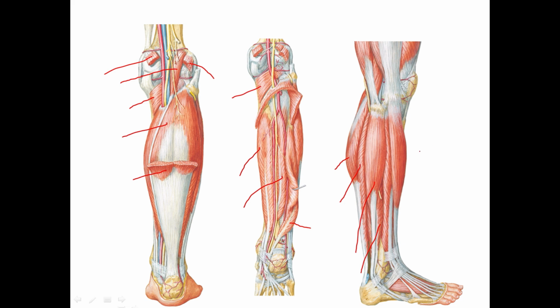Now we come to the anterior part here. Anteriorly we can see the tibialis anterior, this one, and after that we are having the extensor digitorum longus muscle. Okay, and if we go down, you can also find at this place the extensor hallucis longus tendon here.